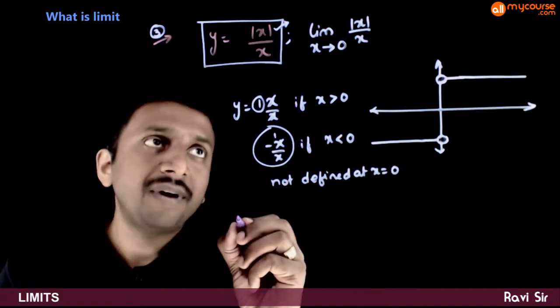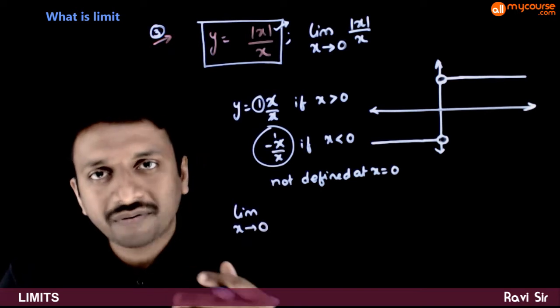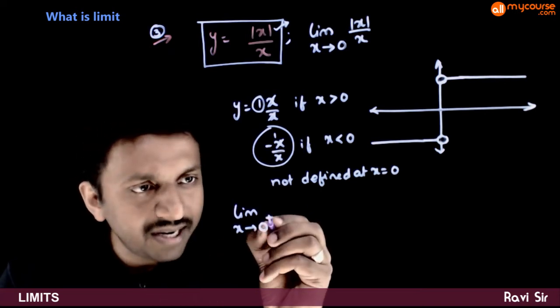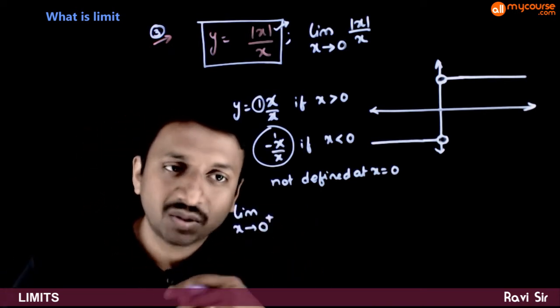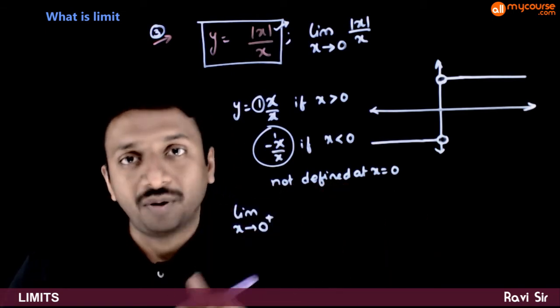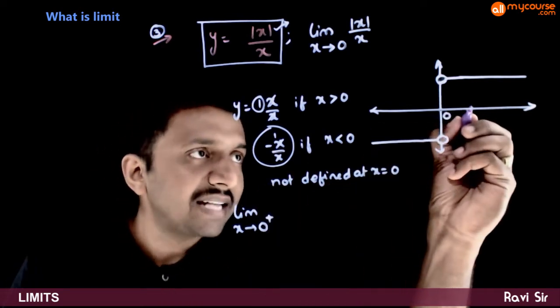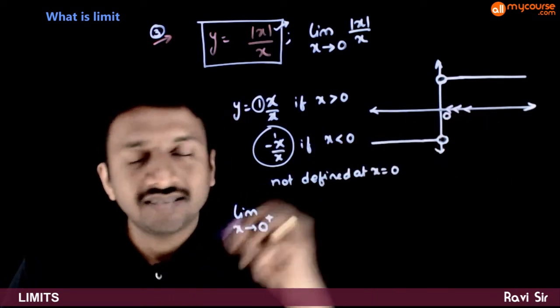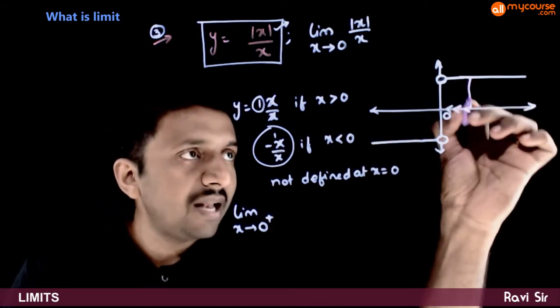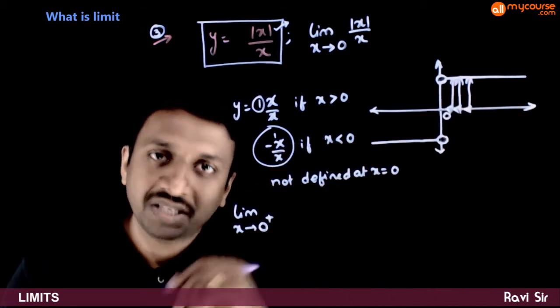So if I ask you to find limit x tends to 0, what you first need to do is find the right hand limit. That is, what is happening to this function in the positive neighborhood of 0. As x approaches 0 from the right hand side, as you can see, the value of y is always equal to plus 1.